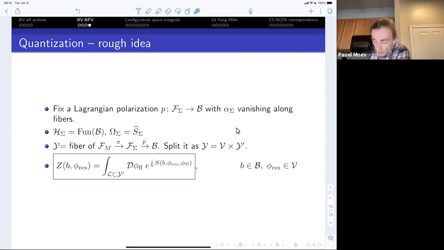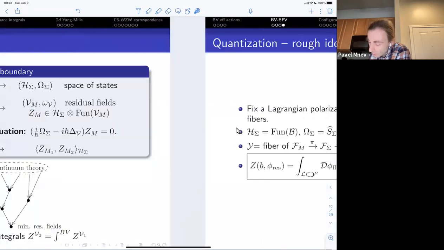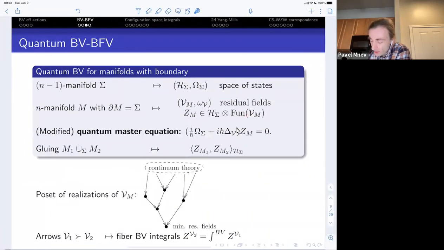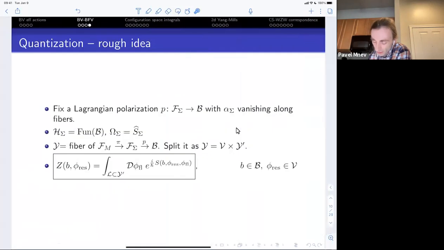One can think of it as a very simple example of geometric quantization. So the space of states here would be functions on the base. Actually, I'm simplifying the picture a little bit: it should be half densities really instead of functions, but let's drop those details. So roughly speaking, functions on the base, and the differential is constructed as a quantization of the boundary BFV action, hoping that we can construct a quantization which squares to 0.